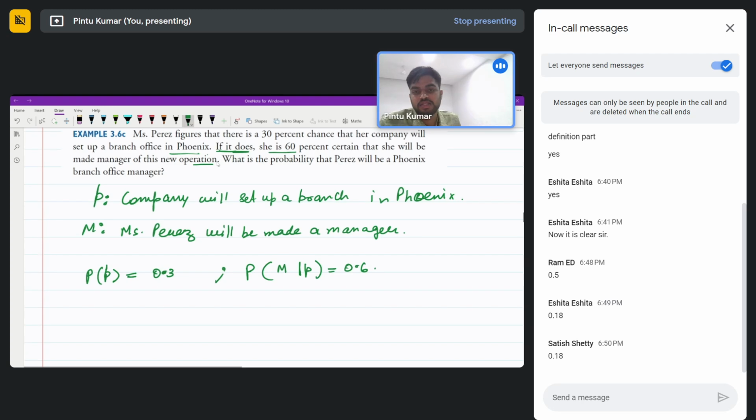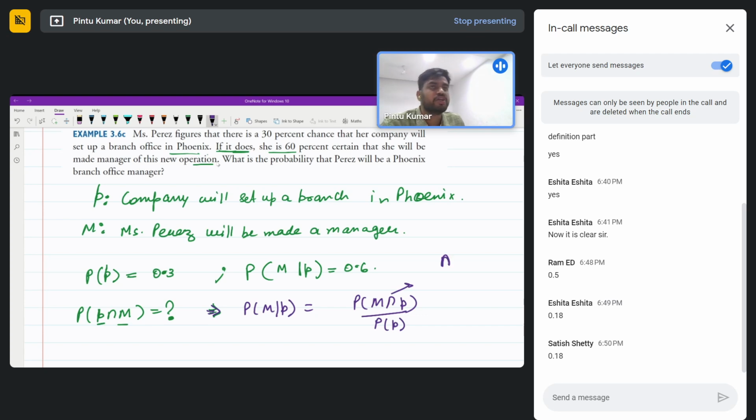And what is asked? The quantity that is asked is the probability that Perez will be Phoenix branch office manager. So the quantity asked is the probability of this thing happening, that a branch is opened there and she is made the manager. So this is the question mark. Now if you look carefully at the formula of conditional probability, this is P of M intersection P, divided by probability of P. You must know that this intersection is commutative in nature.